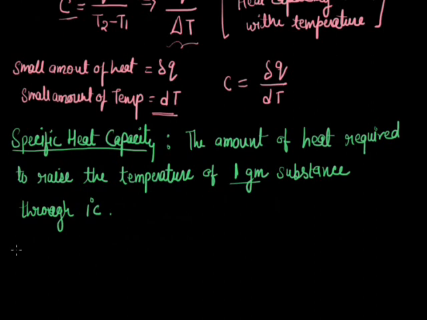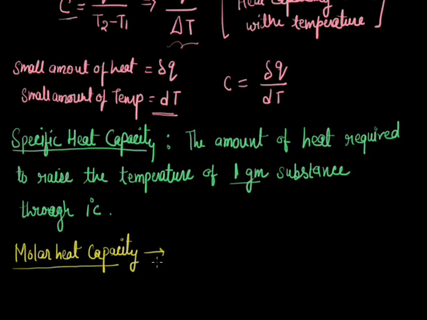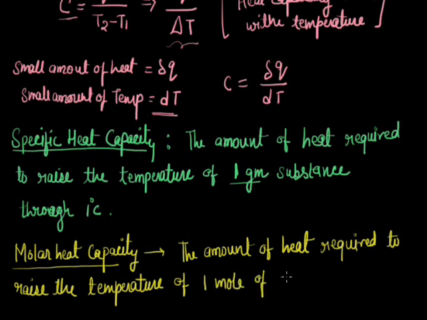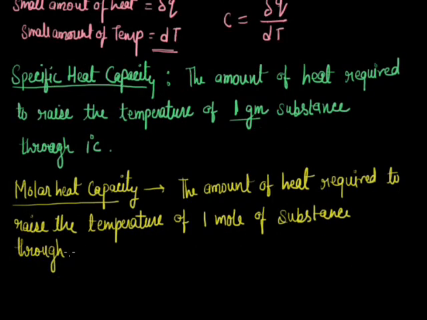One more term we should define here is the molar heat capacity. We can define the molar heat capacity as the amount of heat required to raise the temperature of 1 mole of substance through 1 degree centigrade.